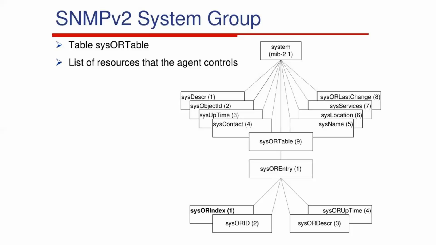Compared to SNMPv1, it is more powerful and more complex. Finally, SNMPv2 failed to improve on security. That's the main drawback and disadvantage of version 2.